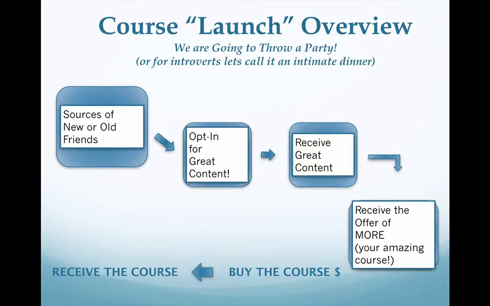So you're going to try to get new sources of friends, or you could send these to your old sources too to get them excited about it. You're going to have them opt in for great content. You're going to have them receive great content, and then you're going to send them the offer for your course. They're going to buy the course and receive the course.